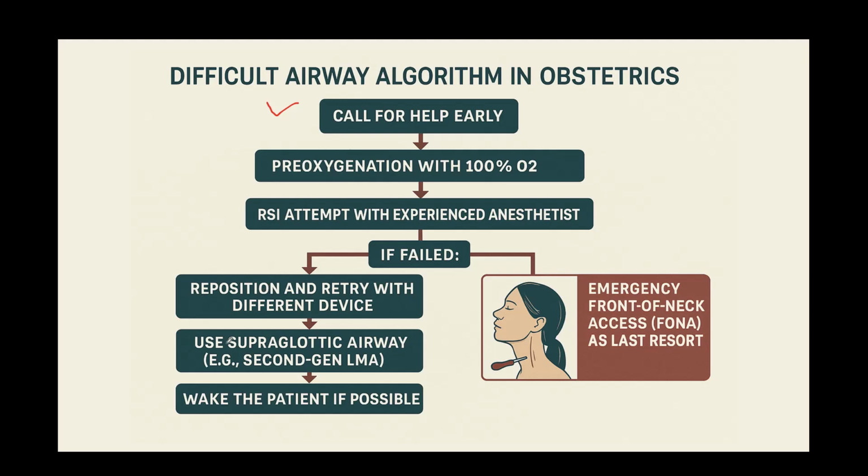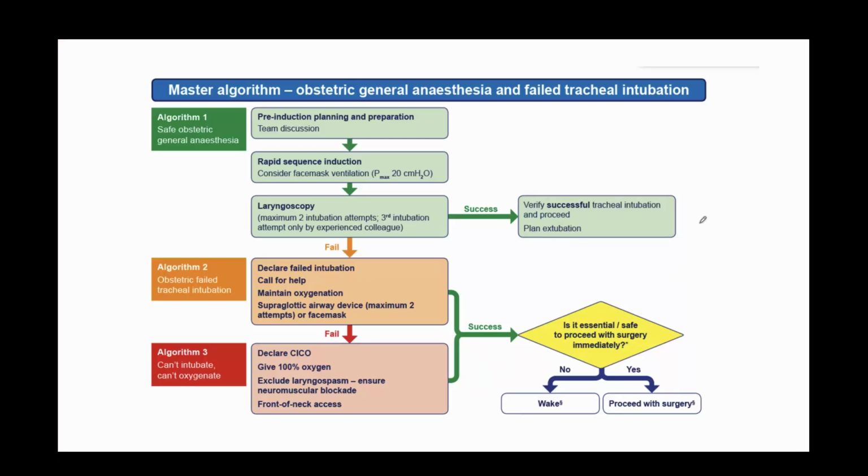Use a supraglottic airway, for example a second generation LMA, which decreases the risk of aspiration. Wake the patient if possible, and if that fails and you cannot proceed, front of the neck access is your last resort.